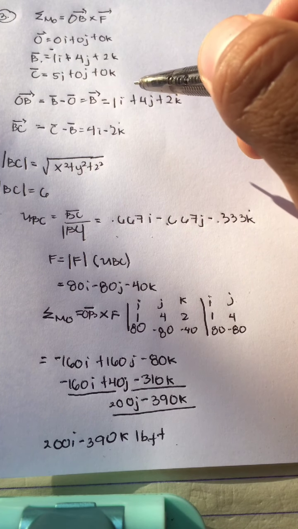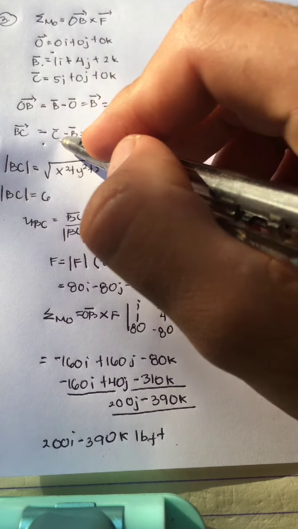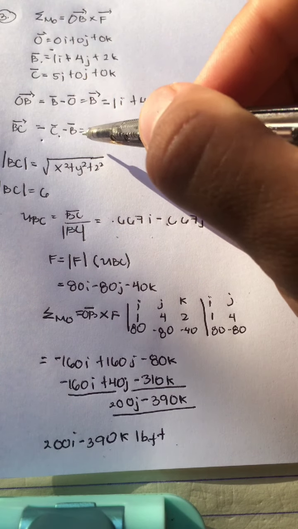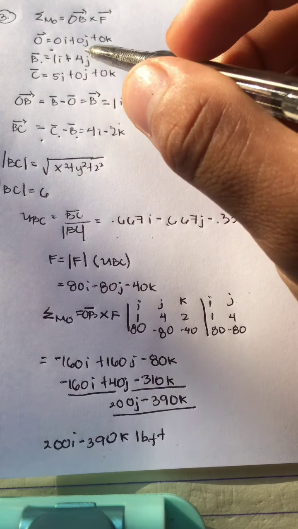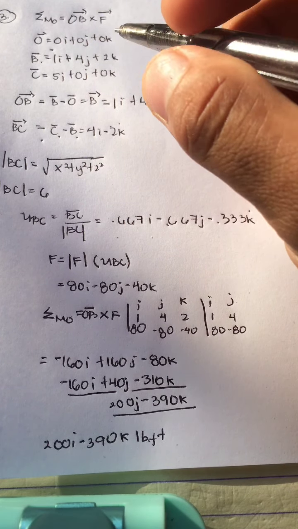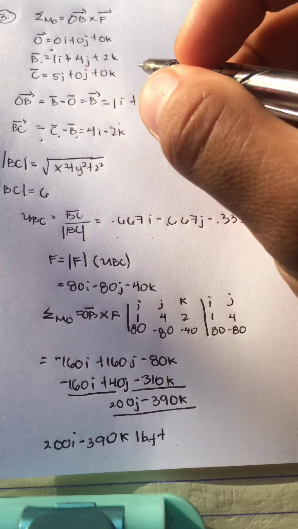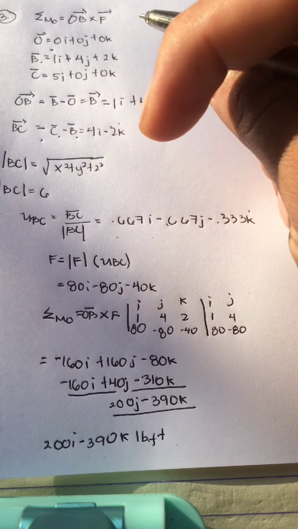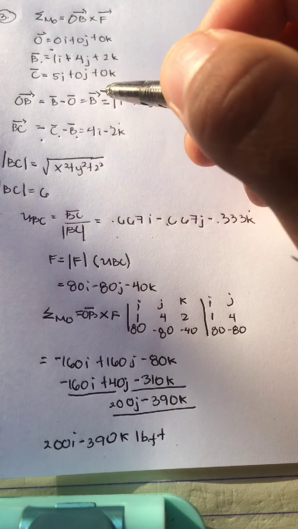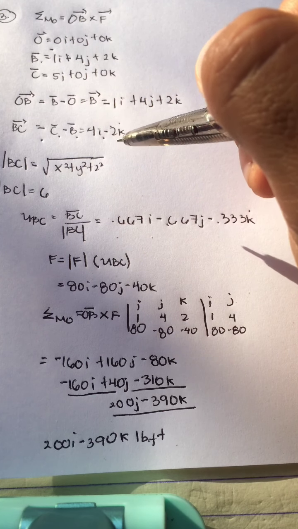Next, the BC vector is equal to the C vector minus the B vector. Same process: we subtract the B vector from C, which is equal to 4i minus 2k.